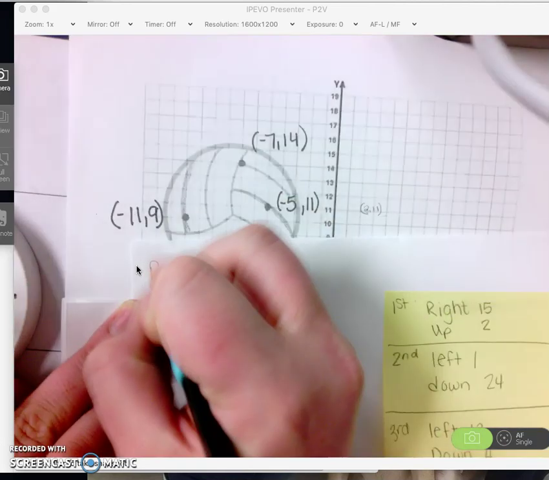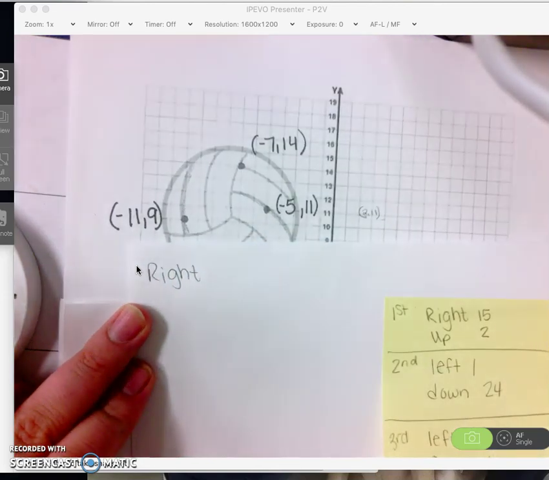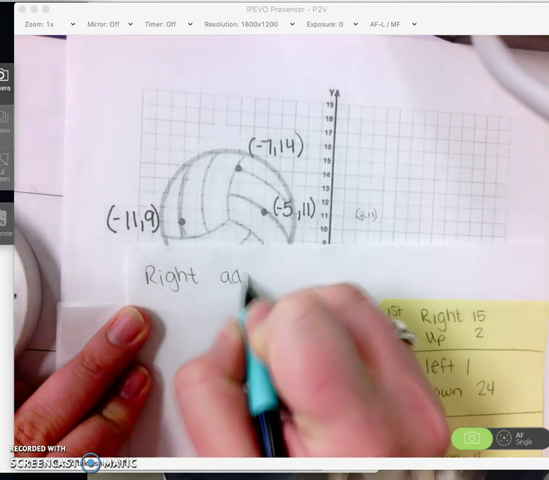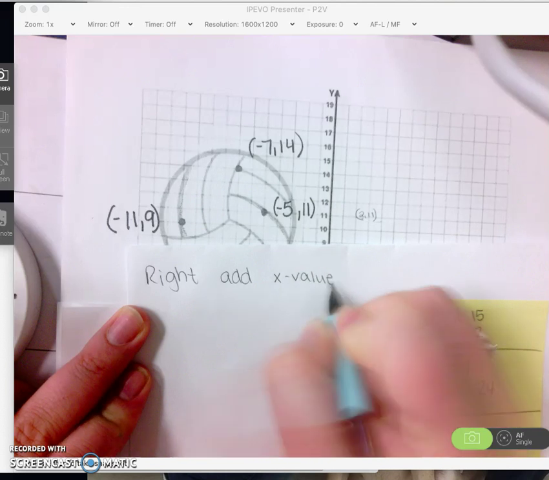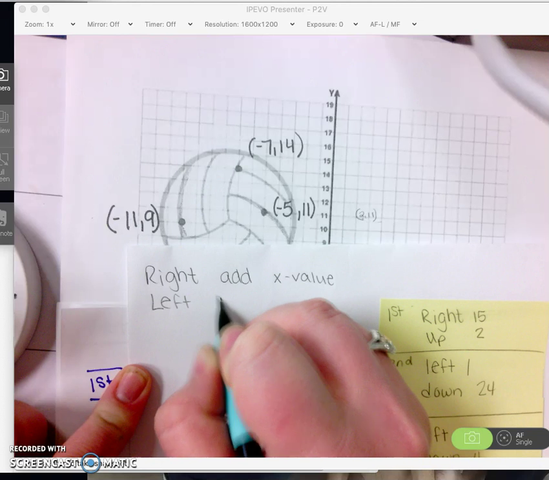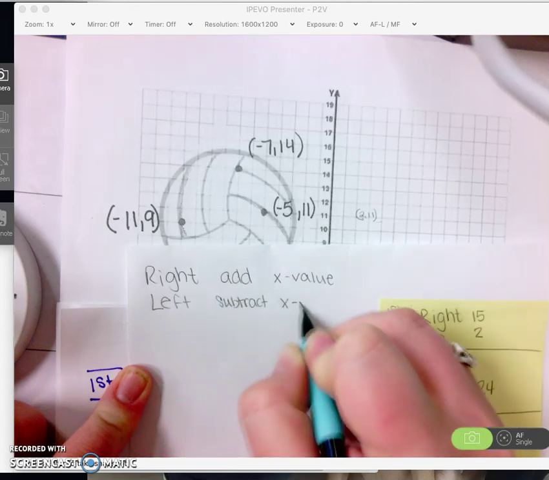If I go to the right, I'm going to be changing my x, but I'm going to be adding to my x value. Same with if I go to the left, instead of add, I subtract from my x value.